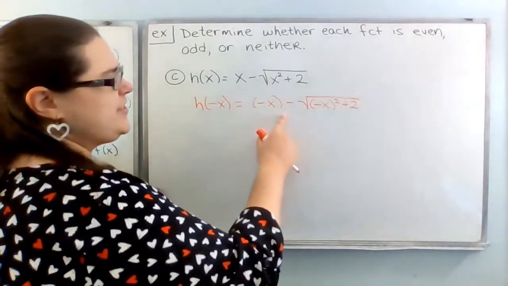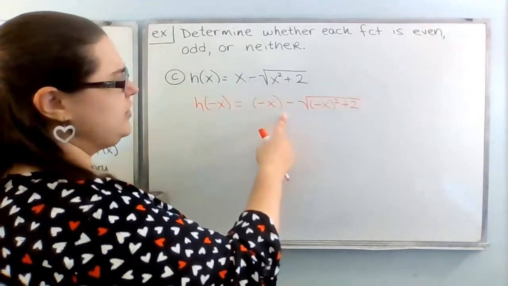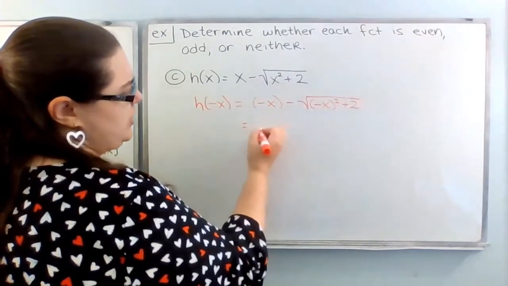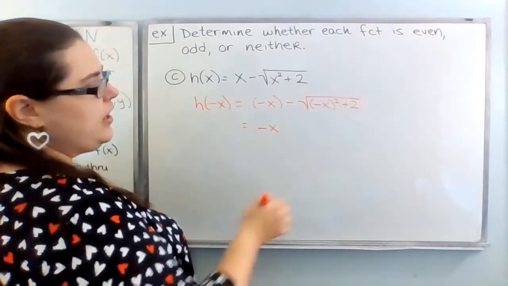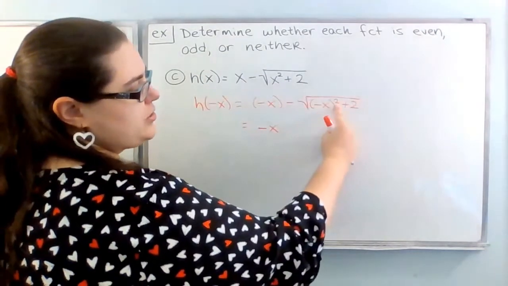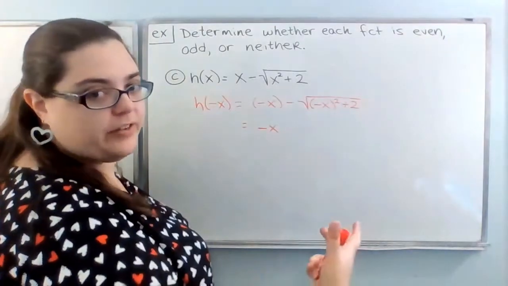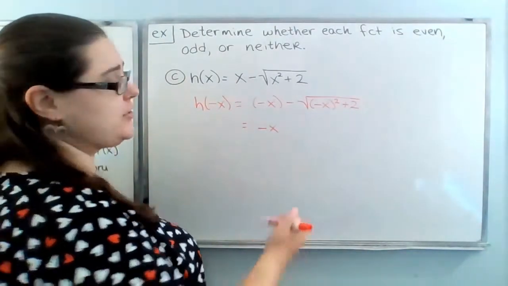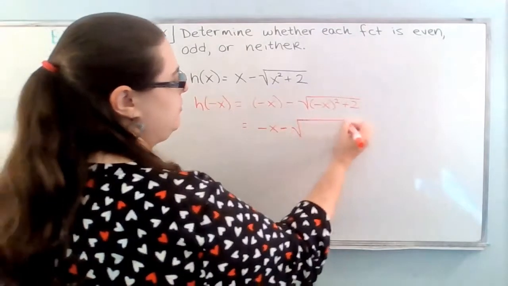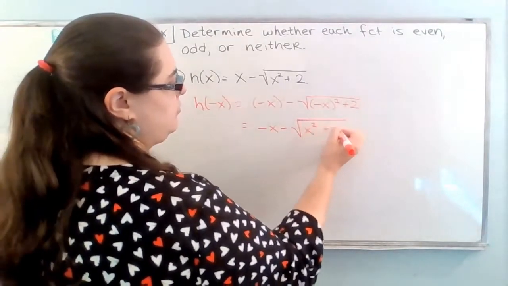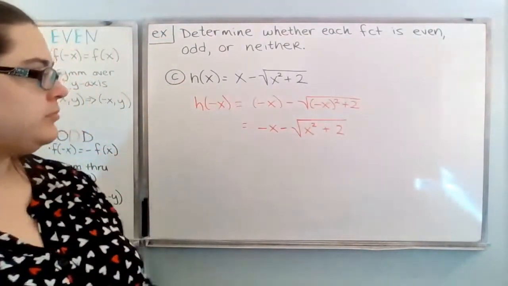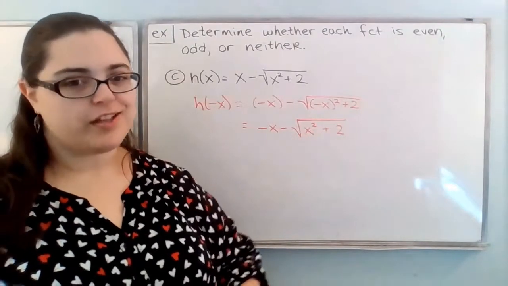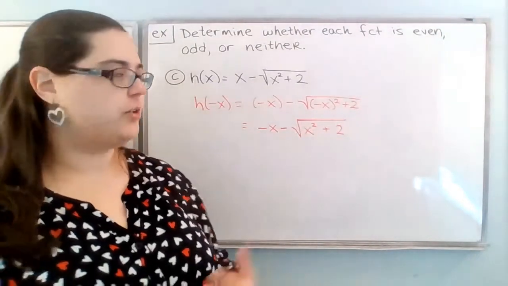So negative x, I don't really need to put the parentheses here. So I can just rewrite that as negative x. And then negative x being squared means negative x times negative x. So that's going to become a positive x squared plus 2.